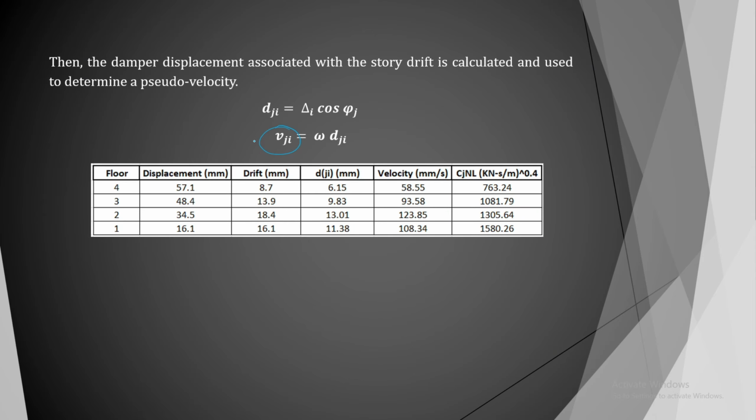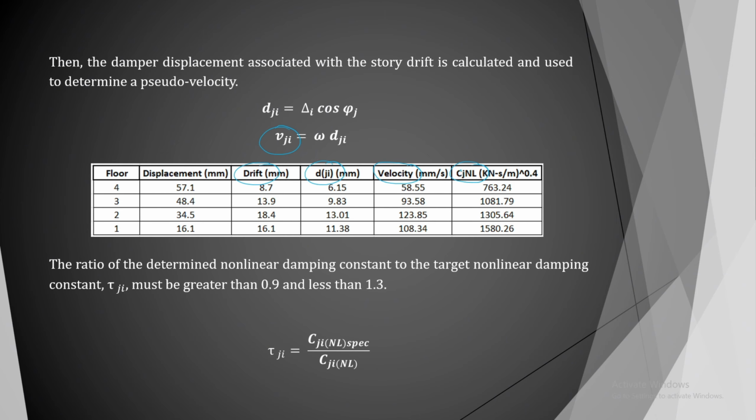Then the damper displacements associated with the story drift are calculated and used to determine a pseudo velocity. The table below shows the drifts, the displacements, velocities, and the nonlinear damping constant of the dampers. The ratio of the determined nonlinear damper constant to the target nonlinear damping constant must be greater than 0.9 and less than 1.3.